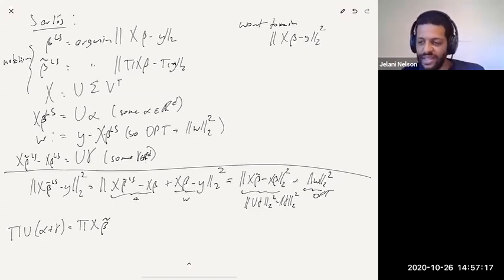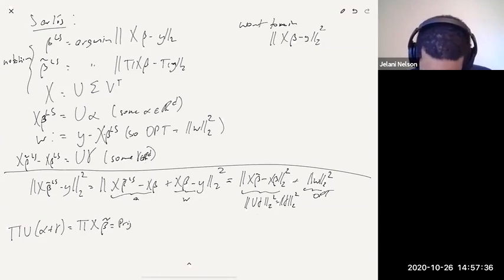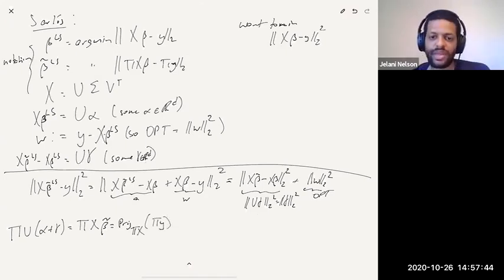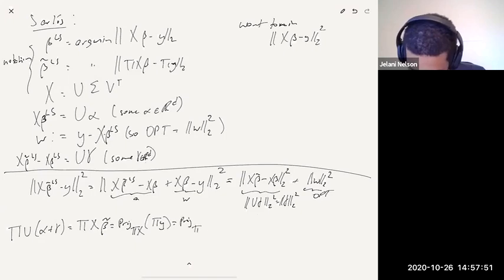So x beta tilde kills off the part of pi y in the column space of pi x. So pi x beta tilde is equal to the projection onto the column space of pi x of pi y. And this is the same thing as the projection onto the column space of pi U of pi y.